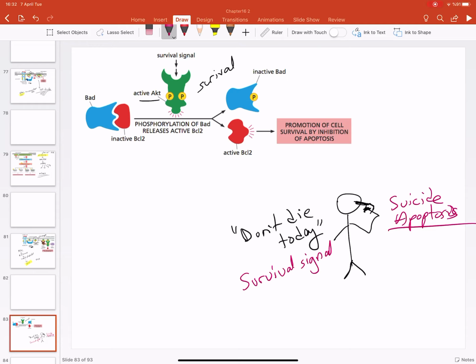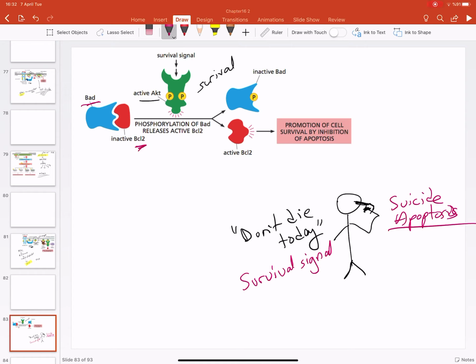Okay. So what AKT does is that it interacts with the BAD and BCL2. Because it's a kinase, it is going to phosphorylate this BAD, and when it is phosphorylated, it becomes inactivated. Normally, it induces apoptosis. This way, it will not be able to induce apoptosis because it is inactive.